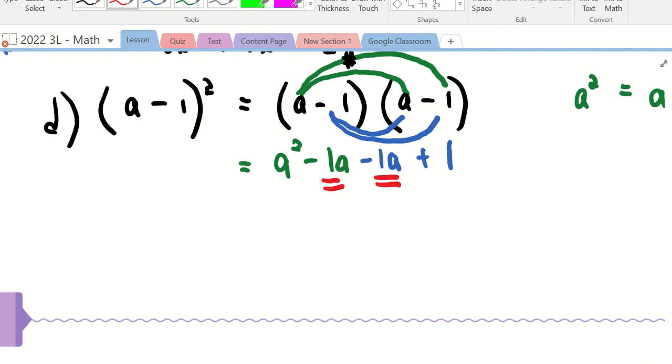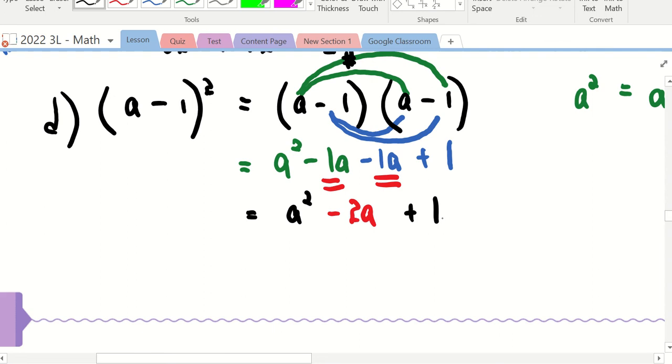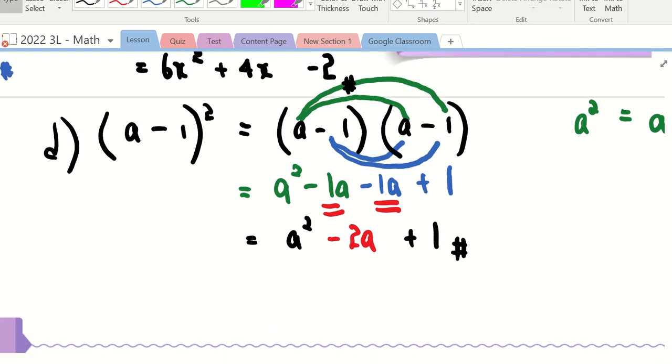Press calculator, not 0, not positive 2. Negative 2. Is this the final answer? That's for the like term. What must I do to the 2? I must still write a square plus 1. So this will be your final answer.